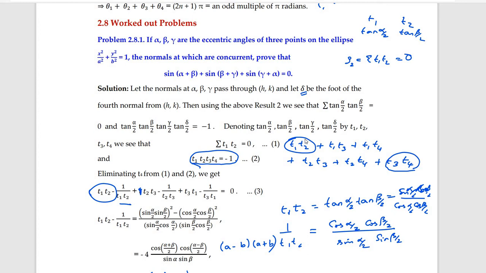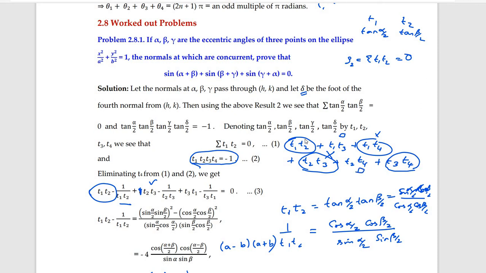Then coming to this one, T2 T3, that is retained. And then T1 T4, this one is replaced using this by minus 1 by T2 T3. So we are now left with only these 2 terms.